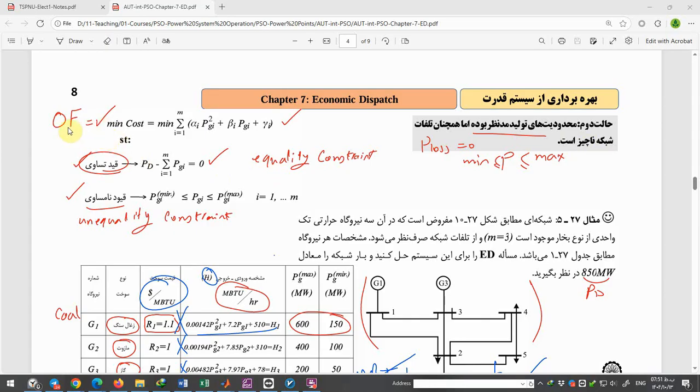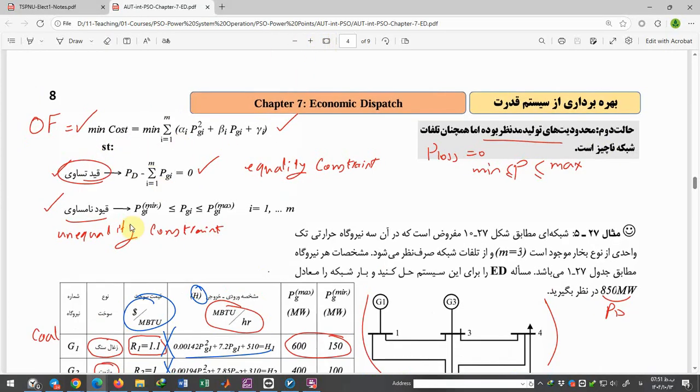So for the objective function, like before, we have an equivalent constraint, and in the second scenario we add an unequivalent constraint.